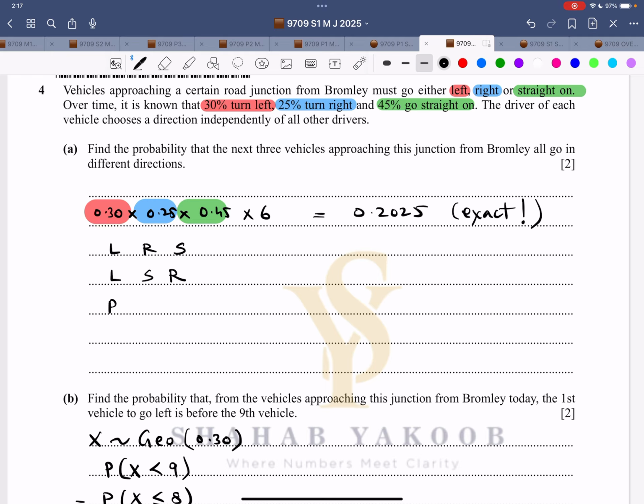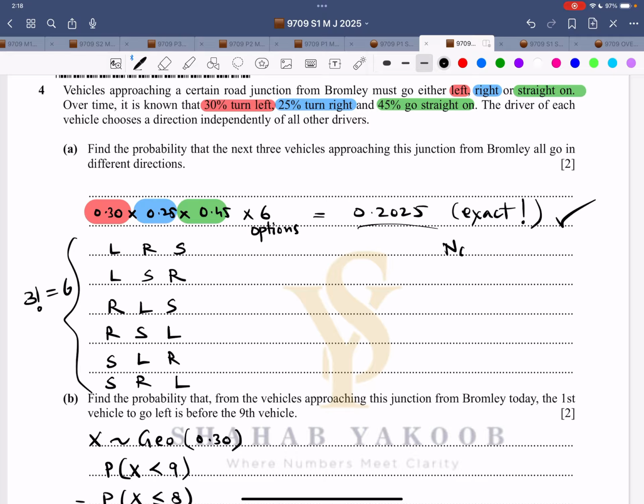It could be right, left, straight, right, straight, left. It could also be straight, left, right, straight, right, left. So these are 6 options. Technically, this is 3 factorial, which is 6. So you multiply it out, you get this answer. Again, it's exact, no need to round off.